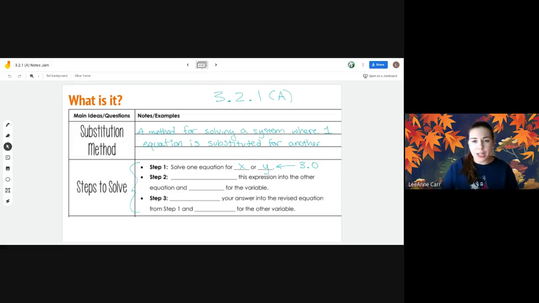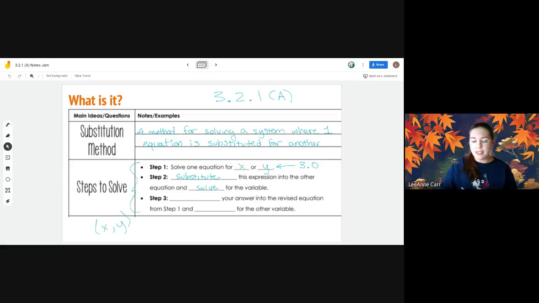After we have one of our isolated variables, then we are going to substitute this expression into the other and solve for the variable. Now, thinking back to how we solve a system of equations and what our answer looks like, our answer is going to look like an ordered pair, x comma y.